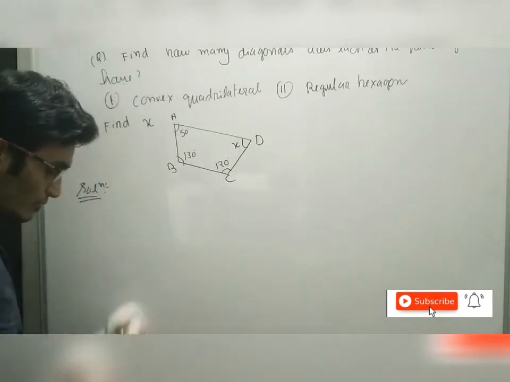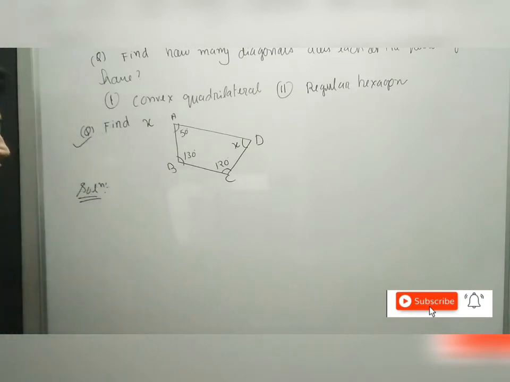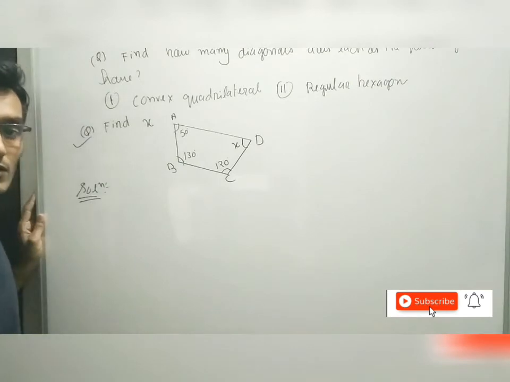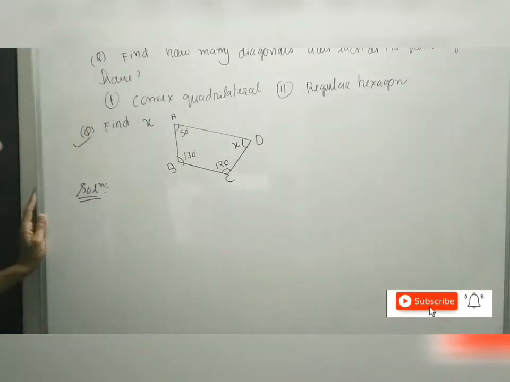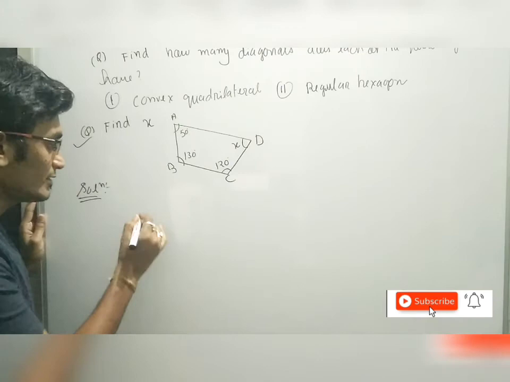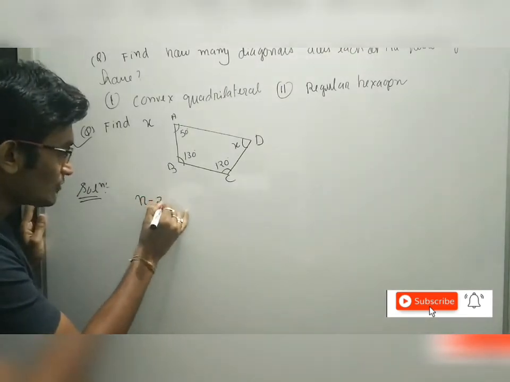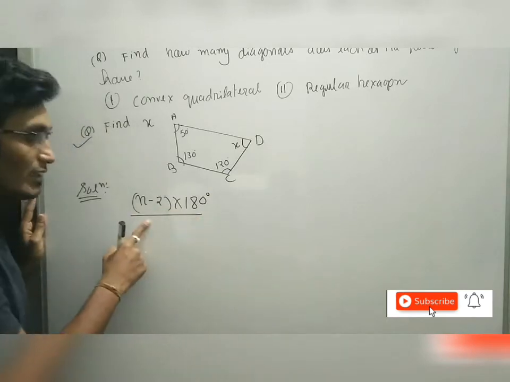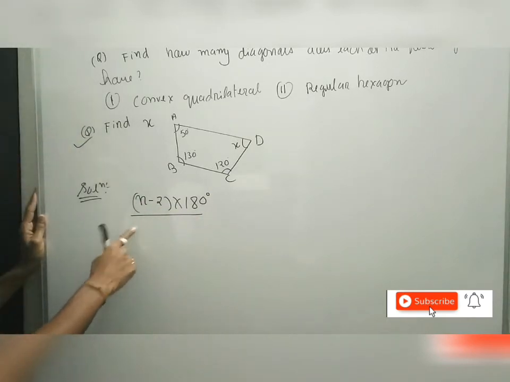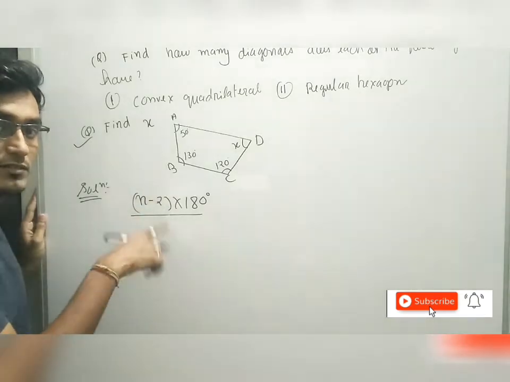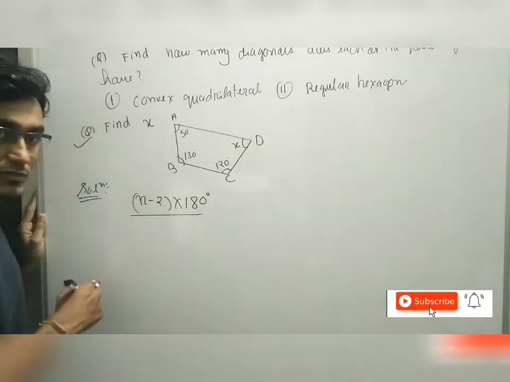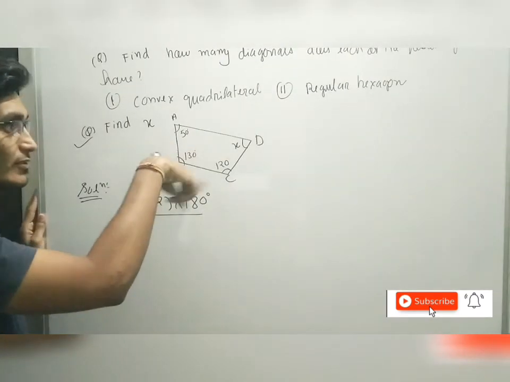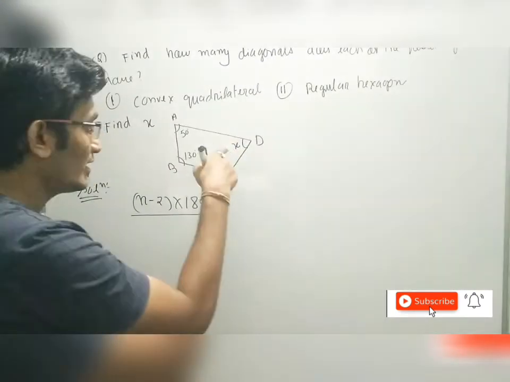In the last video we already discussed how to find the angle sum. Angle sum means the sum of all the interior angles of a polygon. The formula is (n minus 2) into 180 degrees. Here, how many sides are there in the given figure?